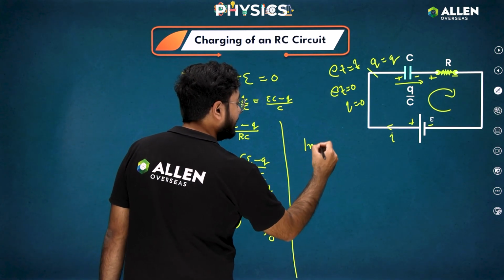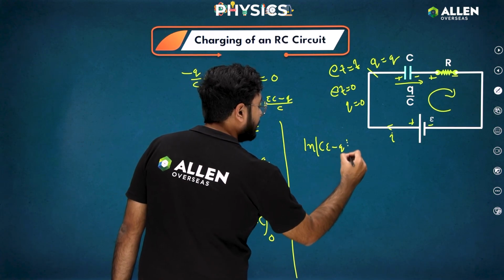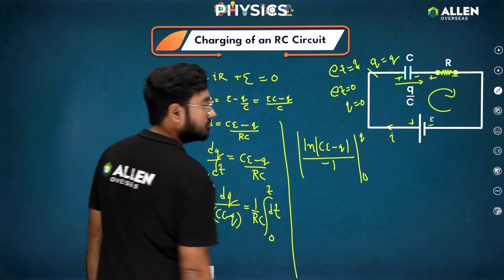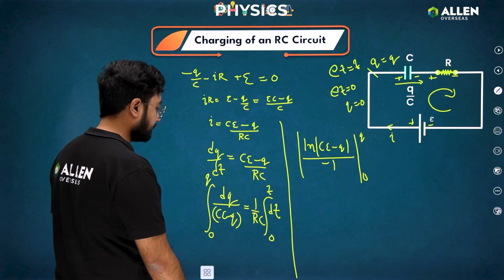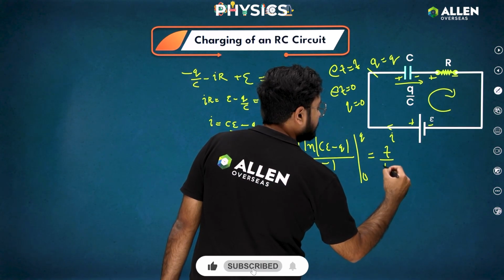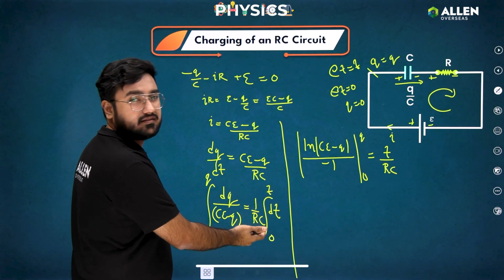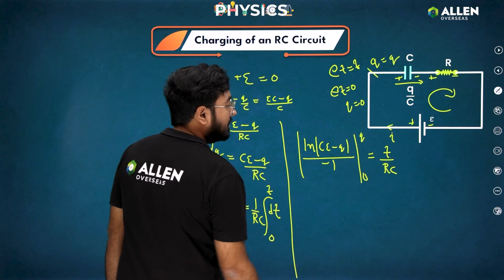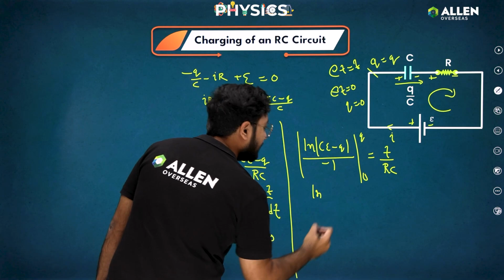So this will be ln of CE minus Q over minus 1 equals t by RC. I have substituted the limits. Most basic integral ever. Take the negative onto the other side, that will be easier for us later on.